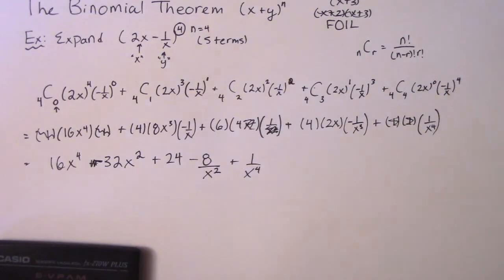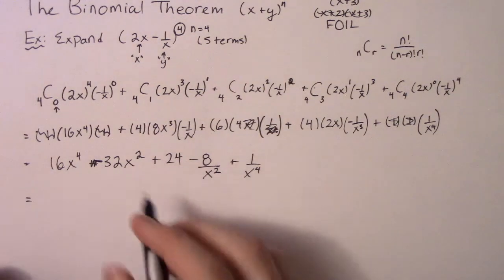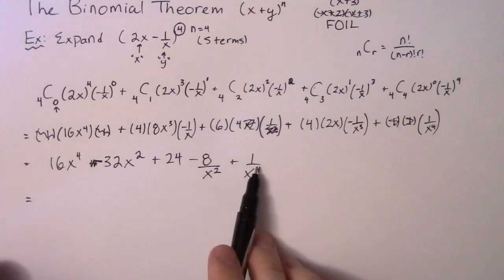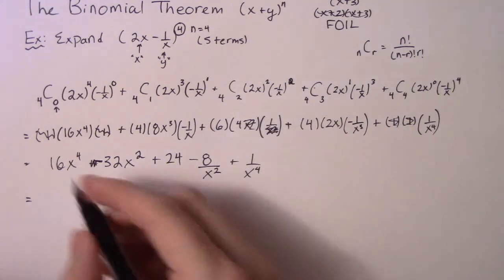So, again, preference to write this, I don't really care. I'm just going to rewrite it because that looks messy to me. I think I'll put my coefficient at the end and leave my x's here like this. I won't put them as negative exponents, but you might want to check with your teacher to see what they like.